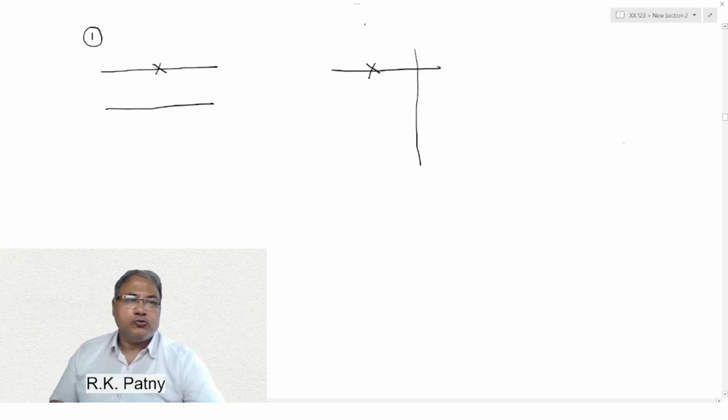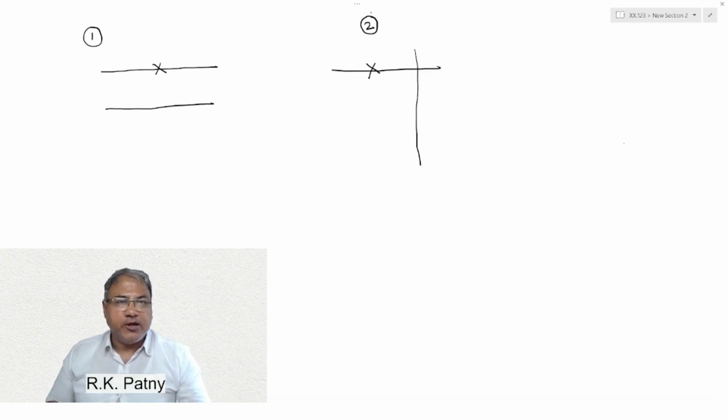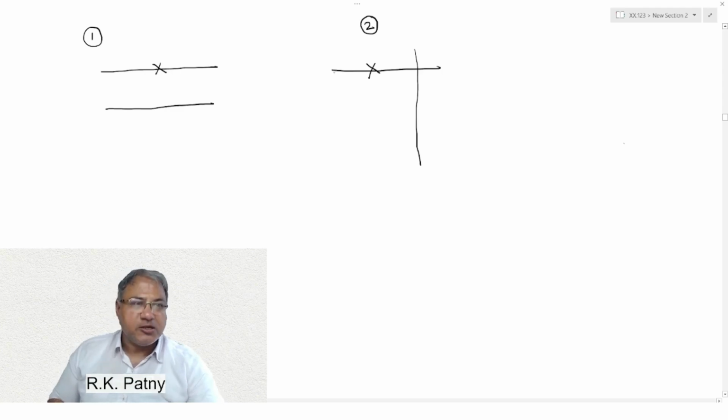So these two types are very important and frequently asked in many other examinations. So in today's video, I am focusing myself to tell you the method to find equation of line passing through the point parallel to given line, equation of the line passing through the point and perpendicular to another given line.